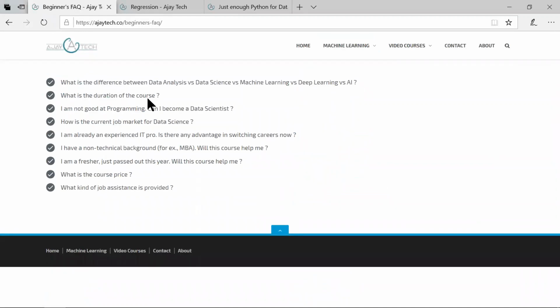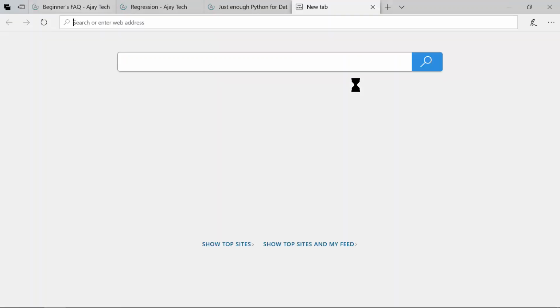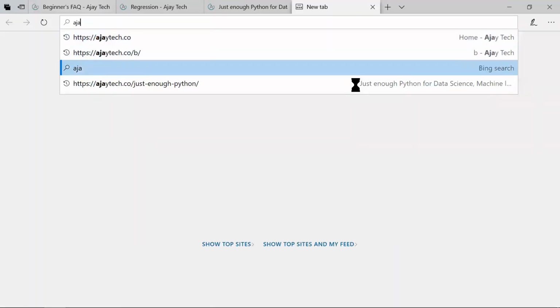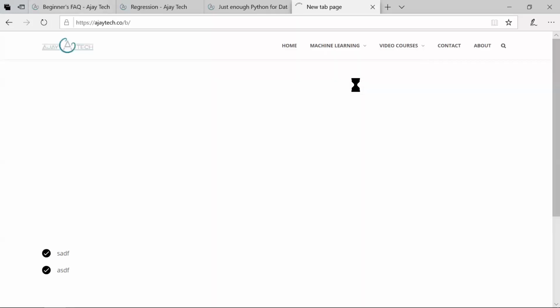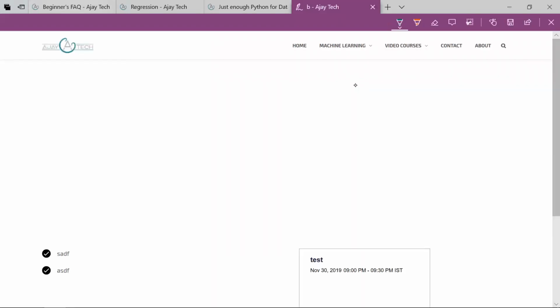Like, what is the difference between data analytics, data science, machine learning, deep learning, AI? What is the difference between all of these? For example, let's take a problem. We have seen that problem, right?